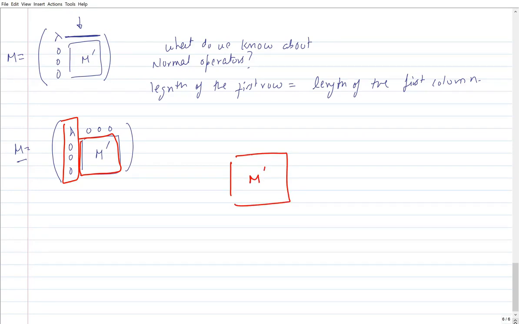And now our attention is going to be on M prime, but notice we can repeat the same process. We can follow what we did for M, the same steps, recursively.